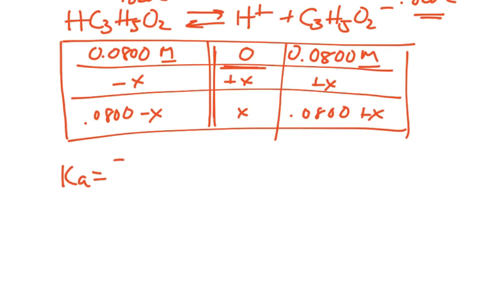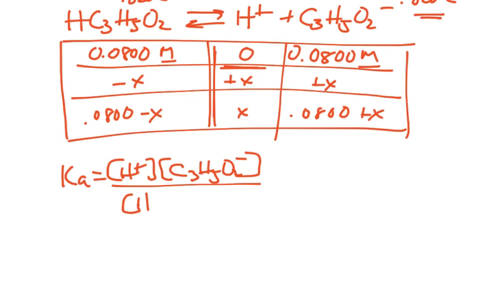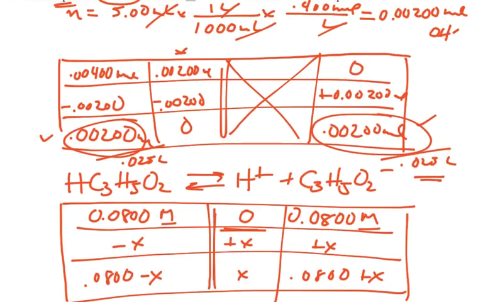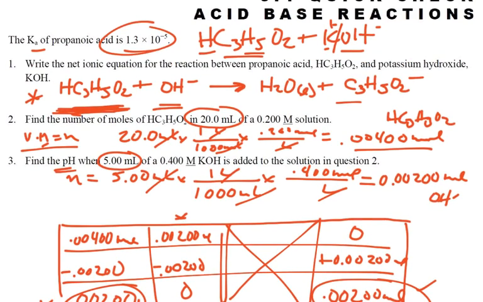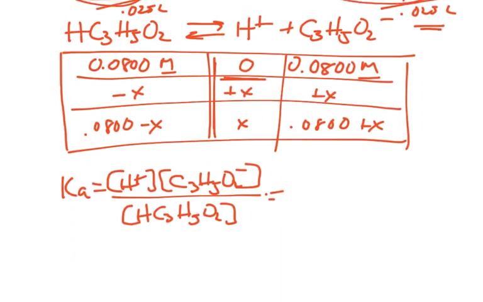So the Ka expression is H plus concentration times the concentration of C3H5O2 minus, all over the concentration of HC3H5O2. And we have a value for that, 1.3 times 10 to the negative 5, that we have in the beginning of the problem.